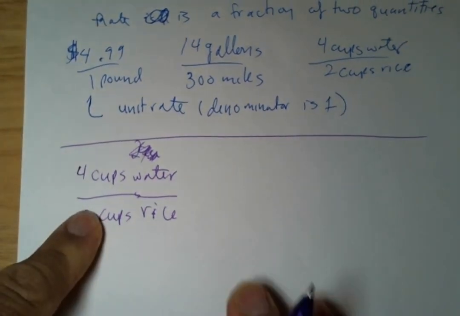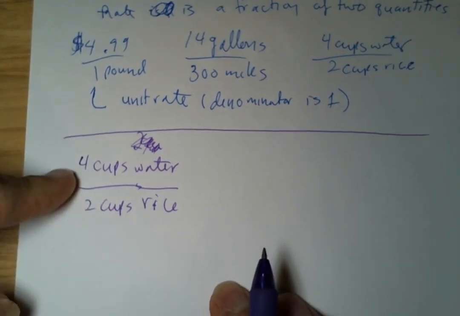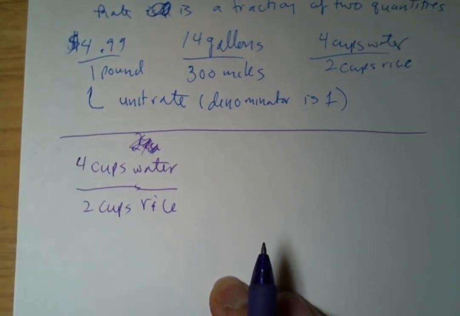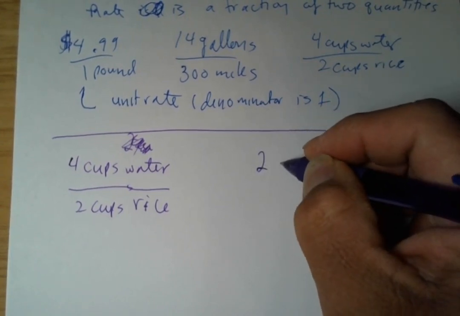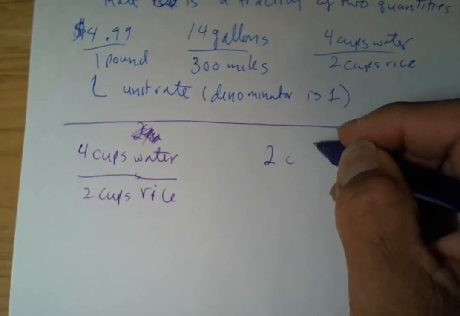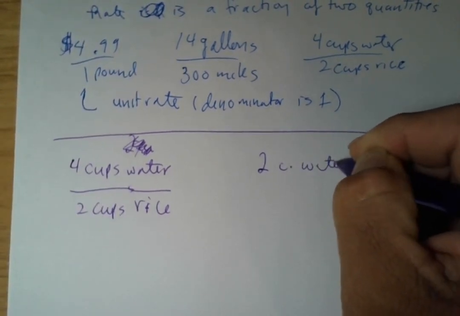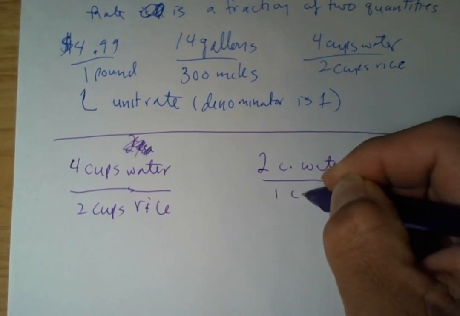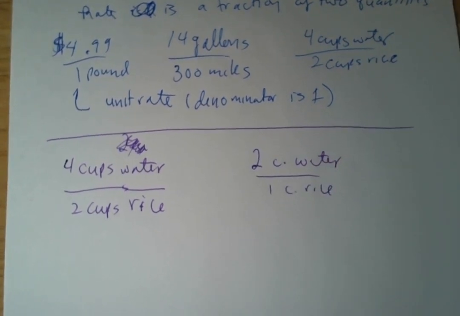Right, so while this is not a unit rate, I can change it by doing the division, right? 4 divided by 2 is 2, so that number stays in the numerator, right? And that is 2. And the units themselves, those remain the same, those do not change. 4 cups water over 1 cup rice. And now we have a unit rate, right?